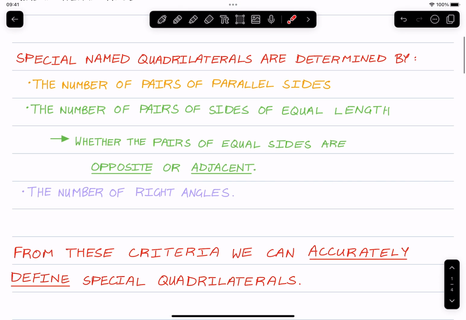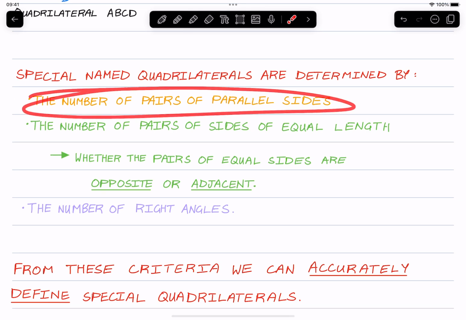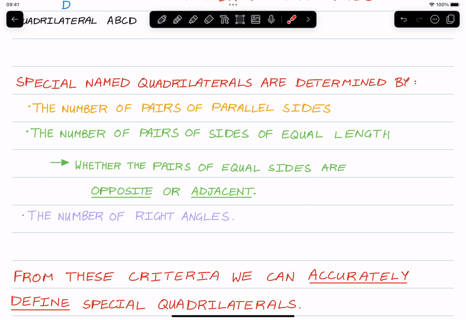There are, however, special named quadrilaterals, and they are determined by these three criteria: the number of pairs of parallel sides, the number of pairs of sides of equal length, as well as whether the pairs of equal sides are opposite or adjacent. And I promise we'll go through a lot of examples of these just to show you what this might look like, and the number of right angles in the quadrilateral.